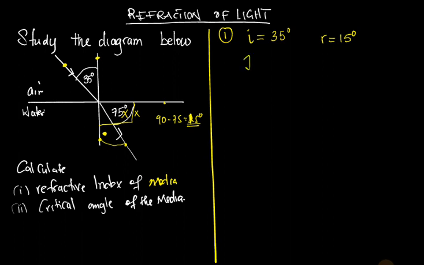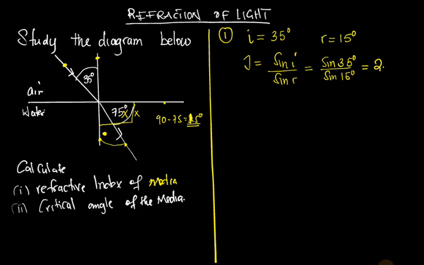You know that the refractive index is equal to sine I over sine R. So sine I is the sine of the angle of incidence, over the sine of the angle of refraction. So sine 35 divided by sine 15, I'm getting 2 point something.